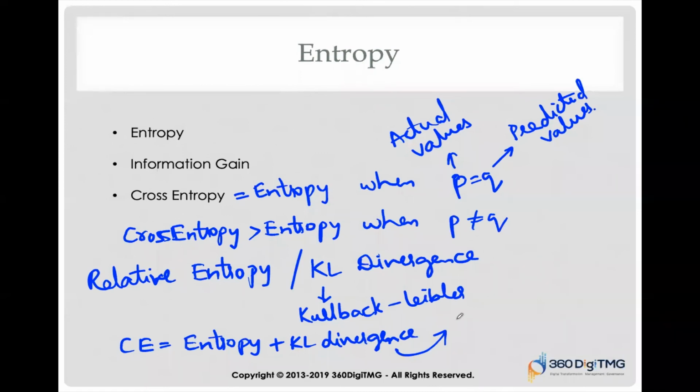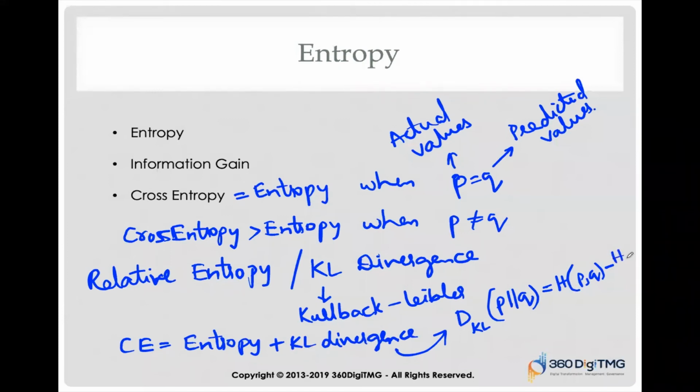In recurrent neural networks and LSTM, etc., it's used. So KL divergence of P to Q is nothing but cross entropy of P and Q minus entropy of P. You're just taking KL divergence, leaving it here, and taking entropy to that side.